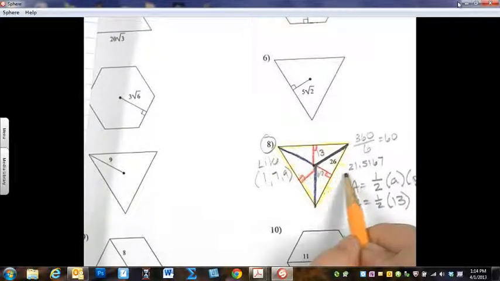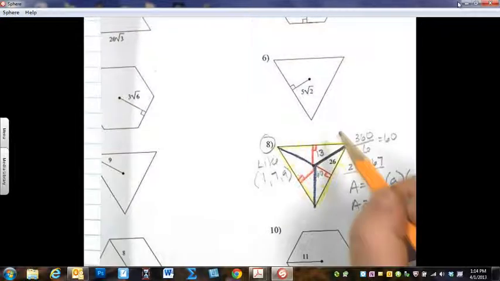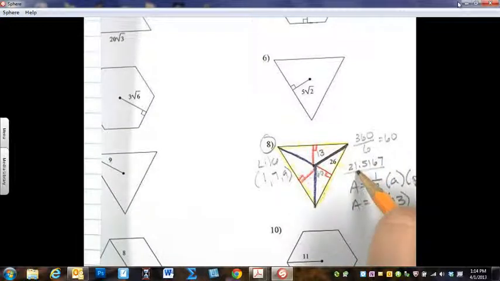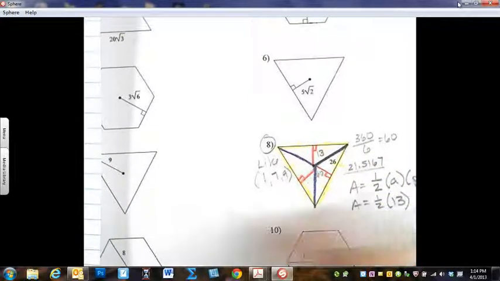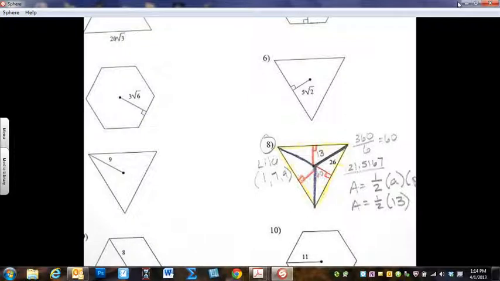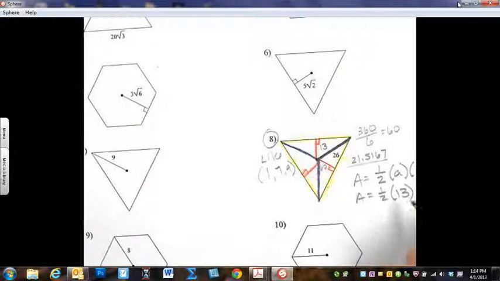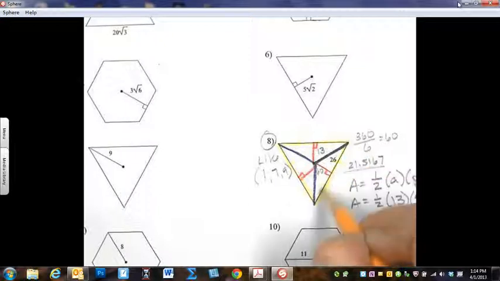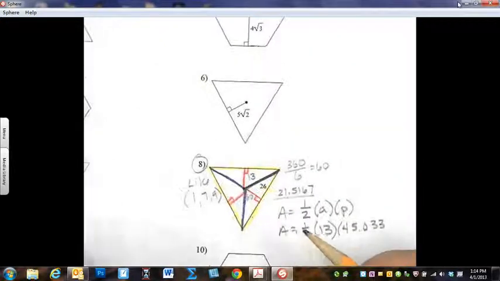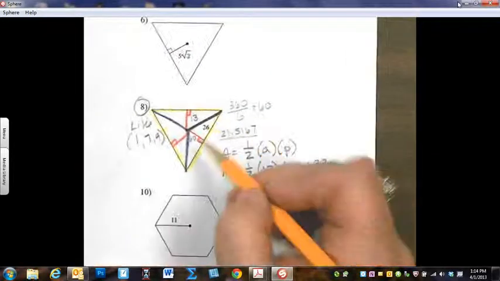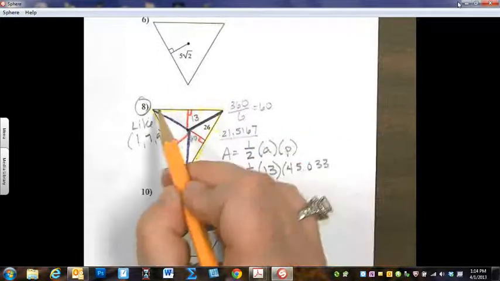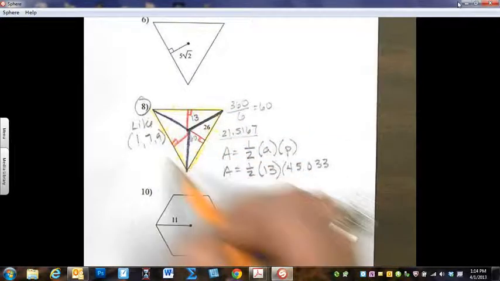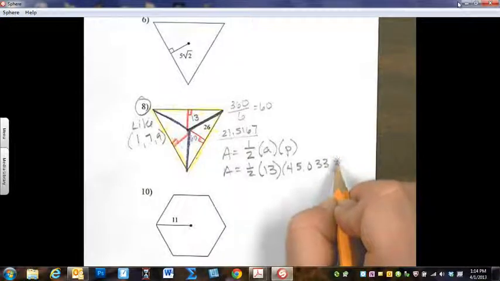And the perimeter is this, but we have to find the whole side, so multiply it by 2. And then, what do we get? We get, let's just round it to 45.033. And how many of those sides do we have? 3 of them. Because this is 45.03, this is 45.03, this is 45.03. So times 3.